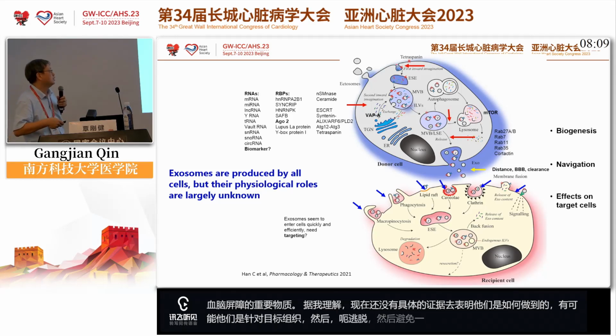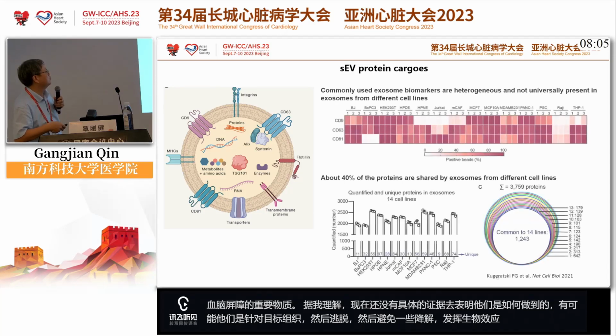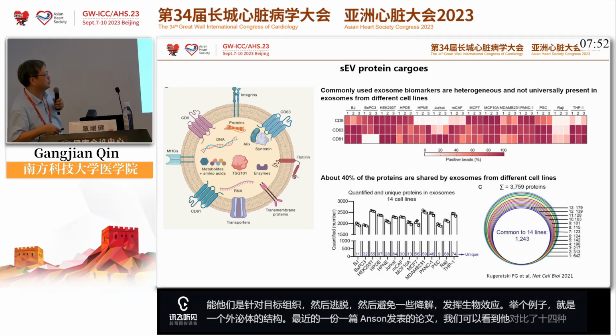Here's an example. Here is the structure of the exosomes, and from a recent paper published from MD Anderson, they compared 14 types of different cells, showing that even the biomarkers are kind of homogeneous, and about 40% of all the proteins are shared by all types of exosomes.